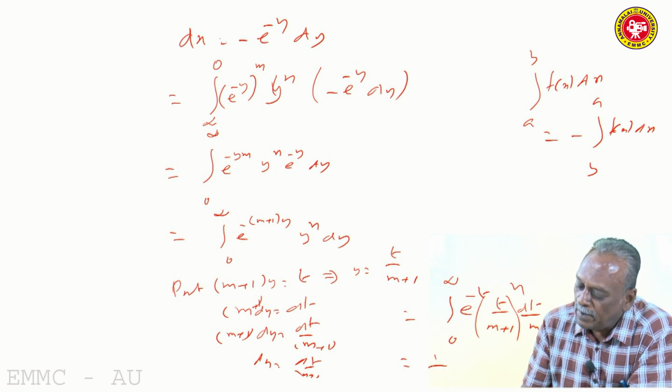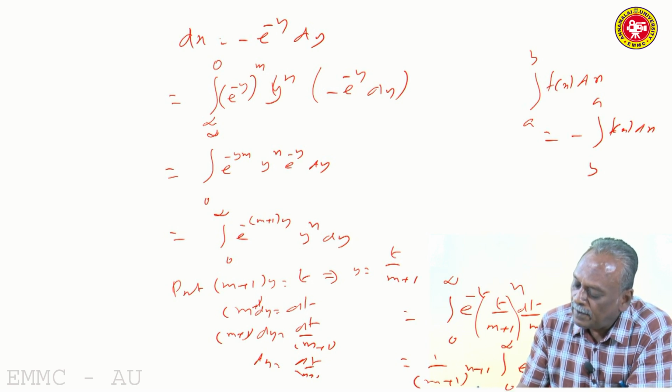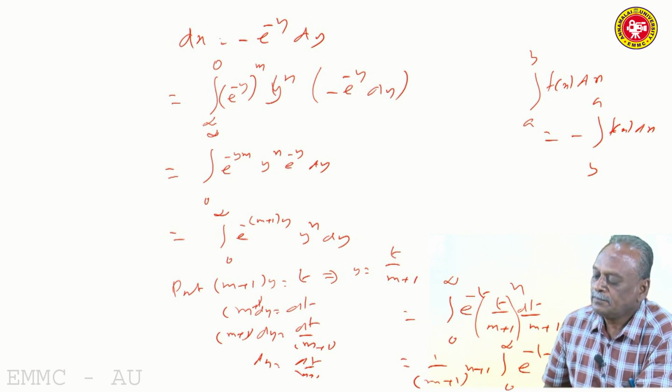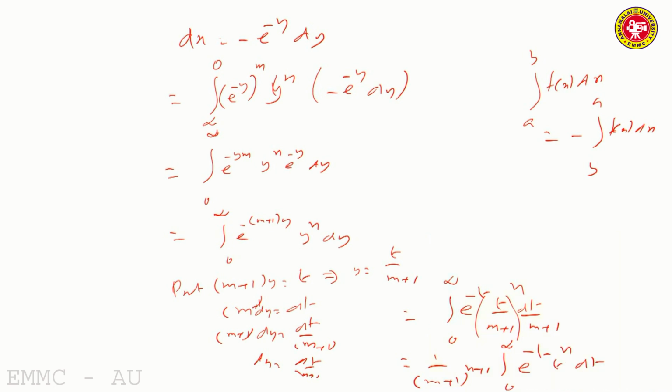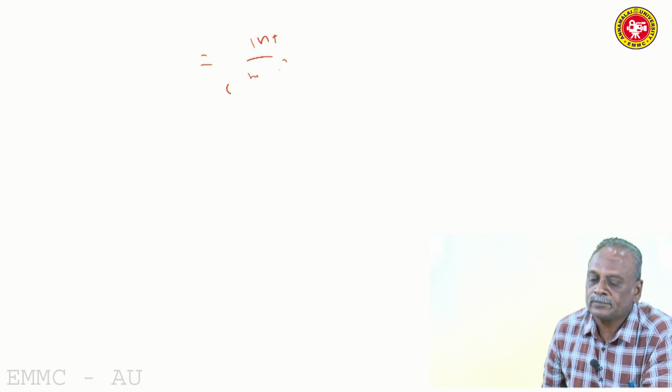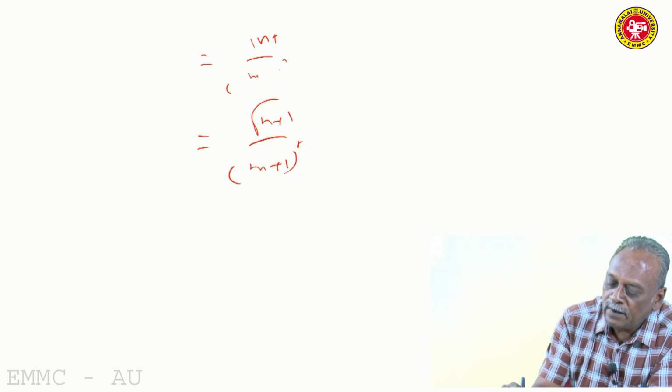So we get 1 by m plus 1 whole power n plus 1 into integral 0 to infinity e power minus t, t power n dt. We know that this becomes 1 by m plus 1 whole power n plus 1 into gamma n plus 1. So the integral becomes gamma n plus 1 by m plus 1 whole power n plus 1.